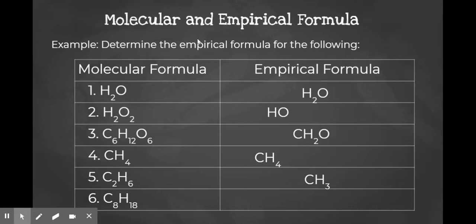And then that last one there, C8H18. Both of those are just divisible by 2, right? That's the smallest number. So it will reduce down to C4H9. So those are the difference between the molecular formulas and the empirical formulas. Basically, you're just finding the least ratio of the elements to find the empirical formula.